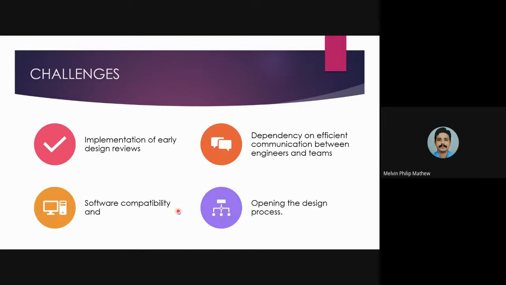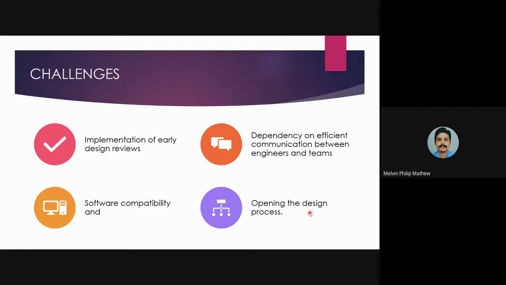And in such a manner, there must be software compatibility, and various software will be handled by various departments in the industry. So once they are pulled in together, they have to have software compatibility, or a common software that is used for concurrent engineering.